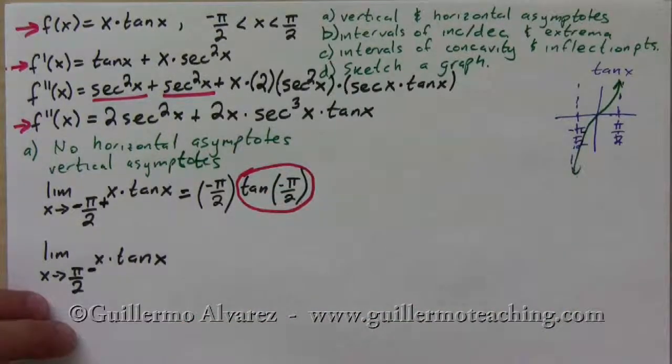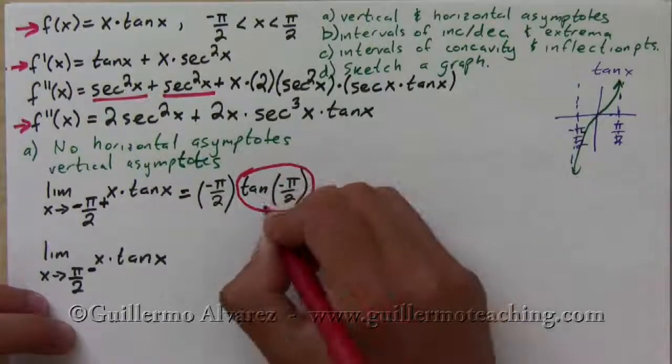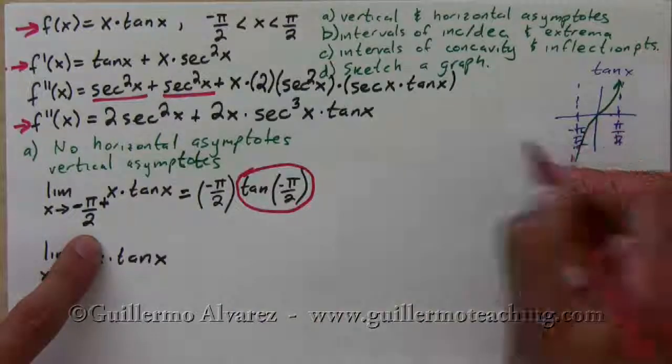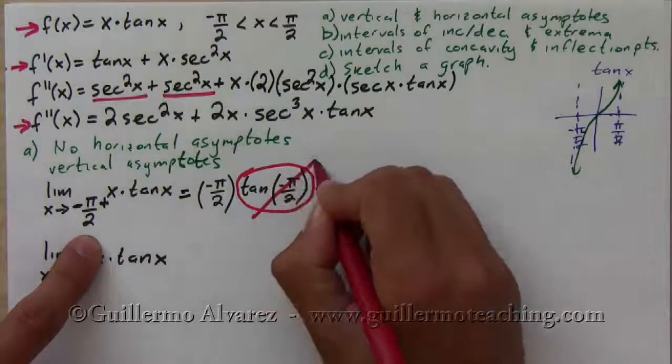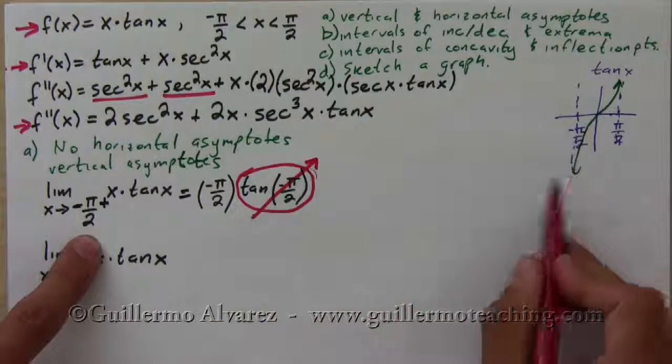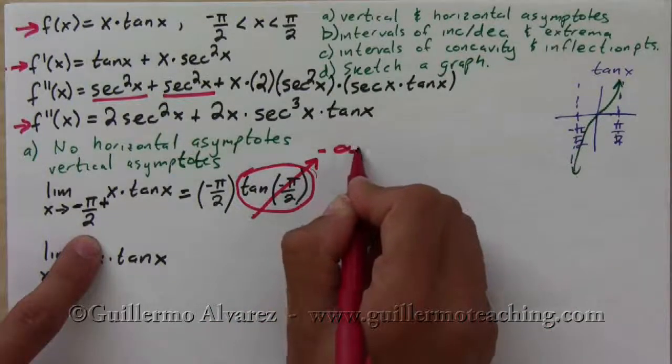Okay, now notice that as x approaches negative pi over 2 from the right, tangent, meaning this whole term, is going towards negative infinity.